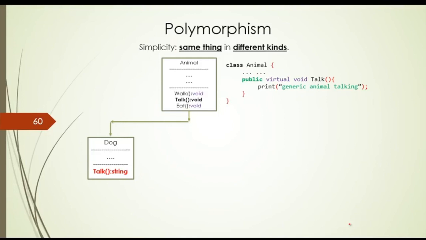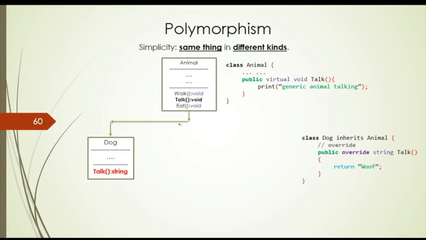We can have that, but let's assume we have a different class which represents a different object. From the animal, we are defining the dog. To implement the dog, we need something different in the talk method.